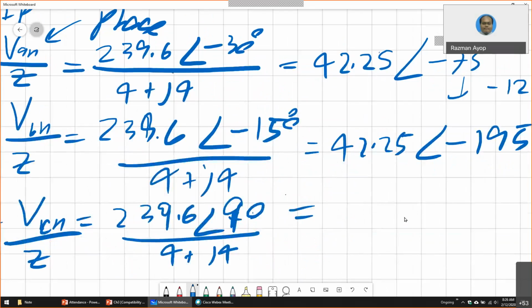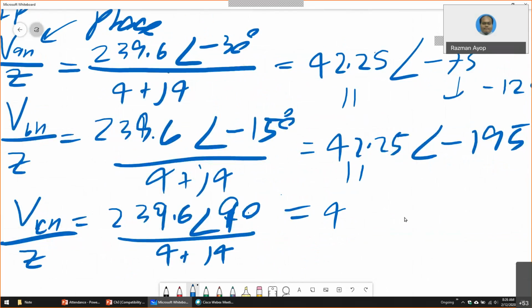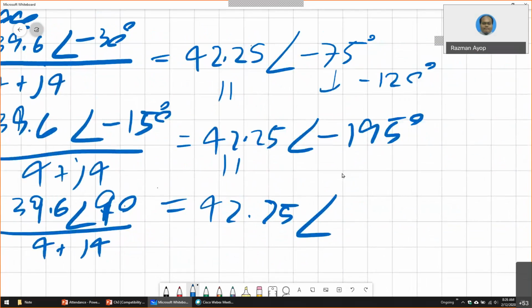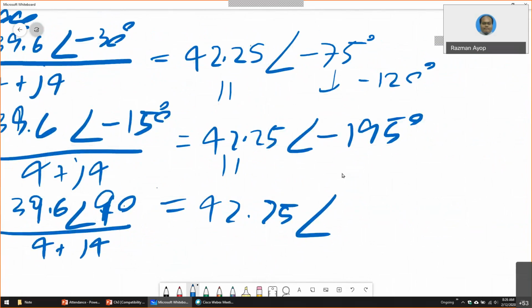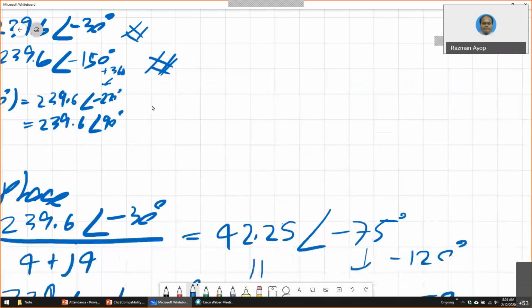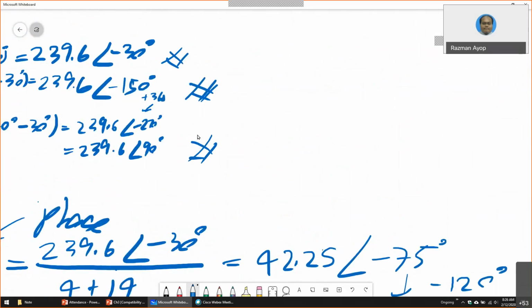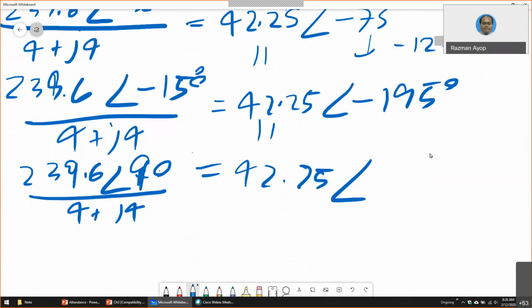For balanced load, make sure the amplitude is the same, 42.25. For the angle, let me just use the calculator. 239.6 angle 90, 90 degree is from here, and then divide by 4 plus 4i, close bracket. And don't forget rectangular form to polar form. So 45 degree.